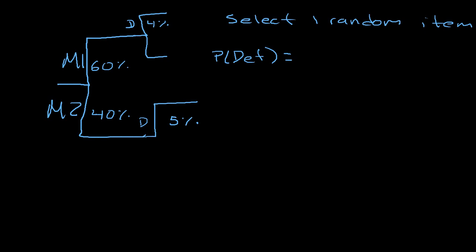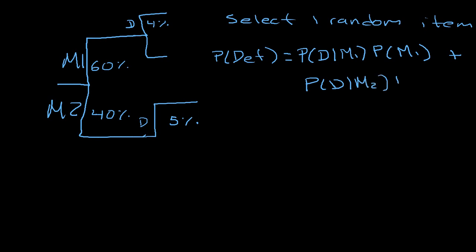So according to the law of total probability, the probability of that item being defective is the probability of being defective given that it was produced by machine 1, times the probability of an item being produced by the first machine, plus the probability of being defective given that it was produced by machine 2 times the probability of an item being produced by machine 2.